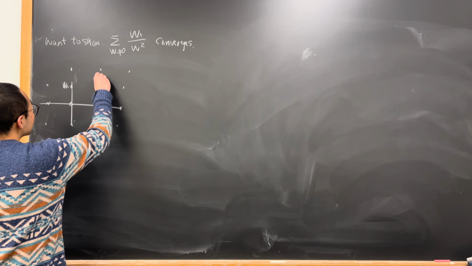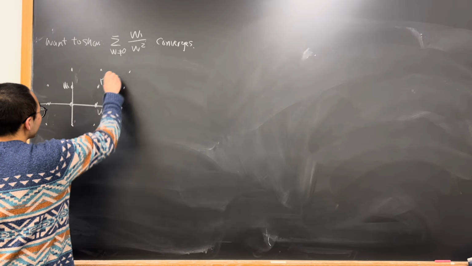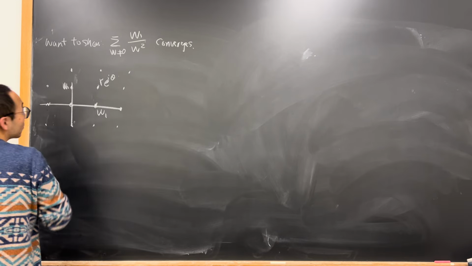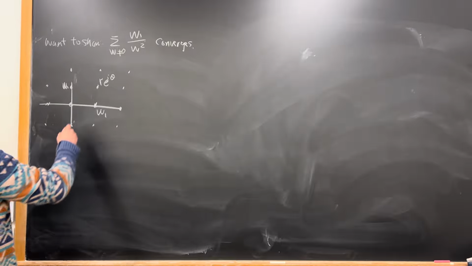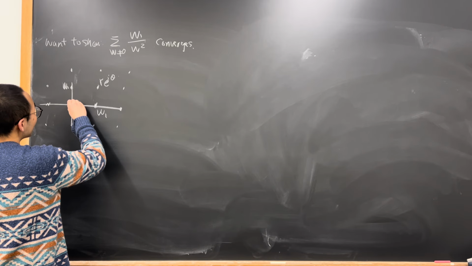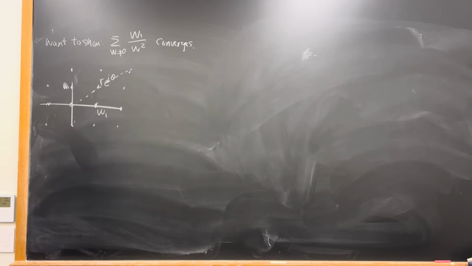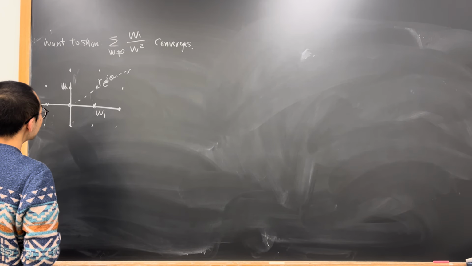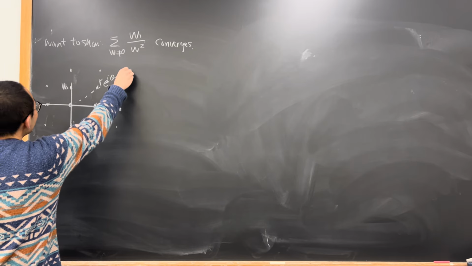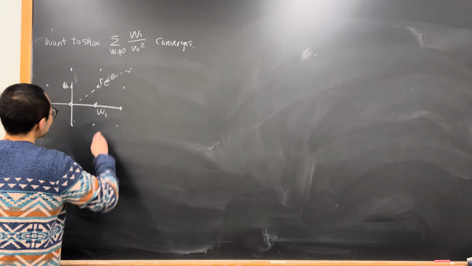So for one lattice point, suppose that this is r e to the i theta, where over this line it has some fixed angle theta, right? Yes, it has some fixed angle theta, because basically you're just extending, doubling the length.